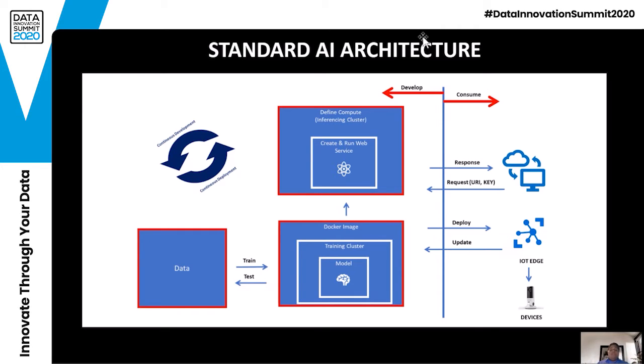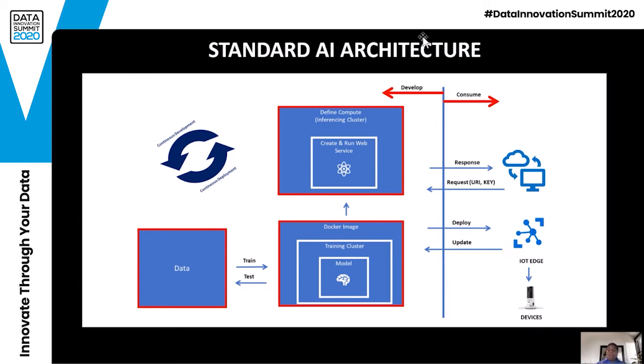Once you are satisfied with your algorithm or the training, you create a model out of it, and then you create a Docker image, and then your inferencing part comes in. Then you create an inferencing cluster and run your model on top of your inferencing cluster to get a web service out. And that is the development side, and that cycle goes on forever.